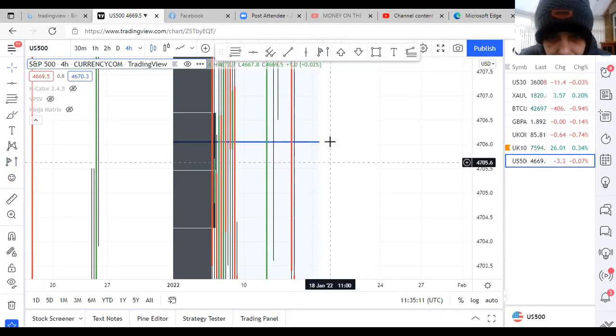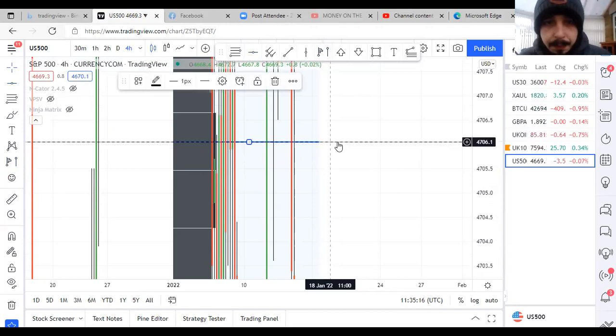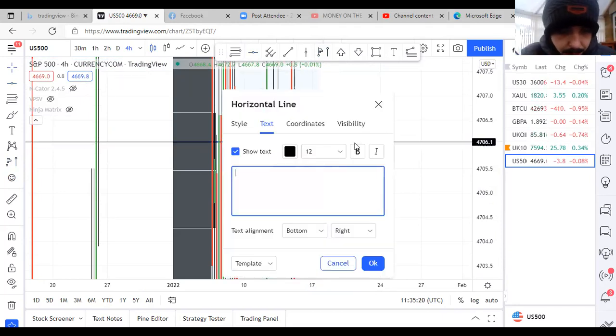Horizontal line, and then that I put Jan 2021 POC, and then I like, just so I know, it's not the full month.